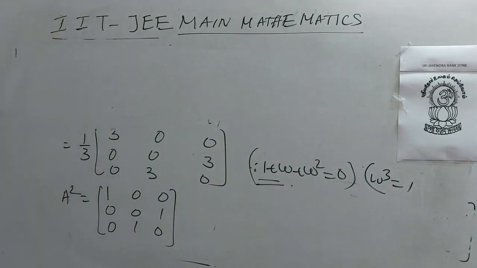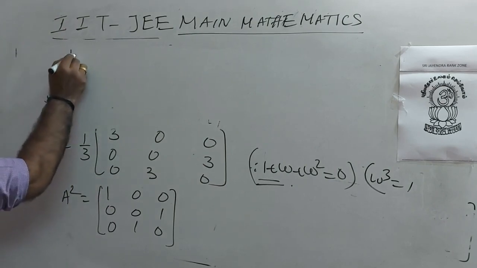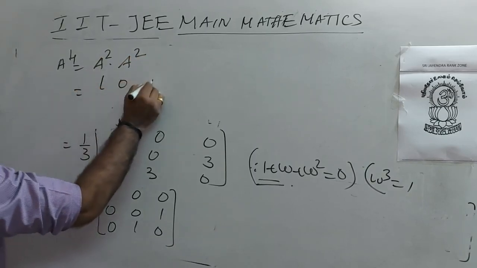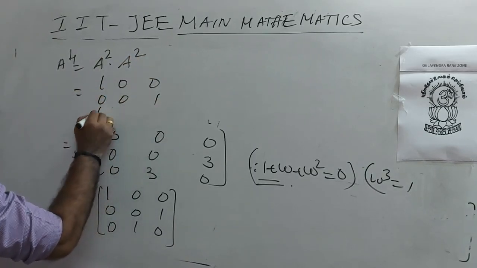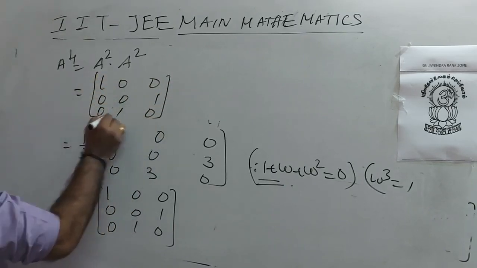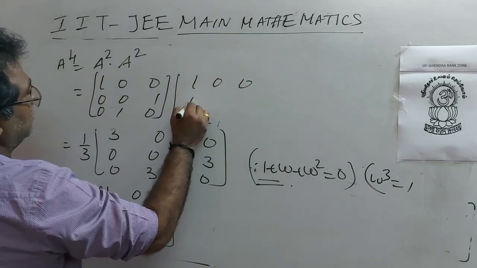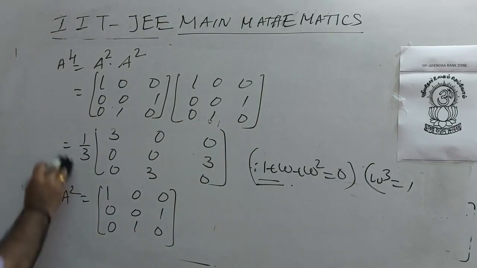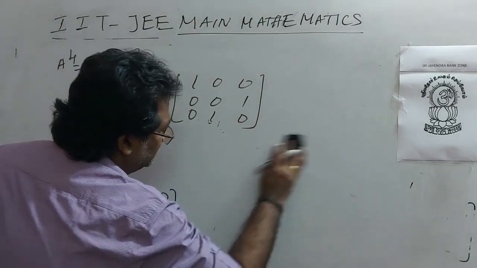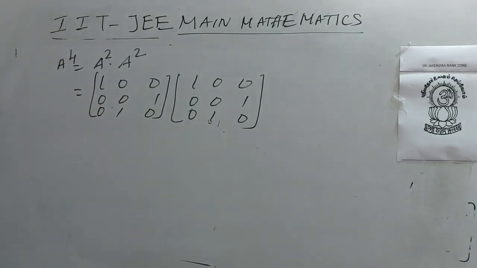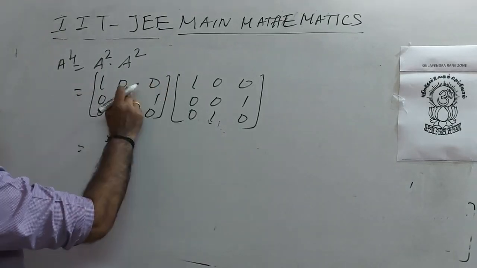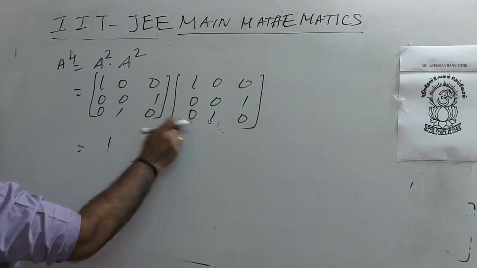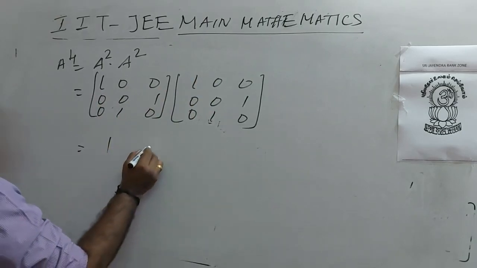We have to find A power 31. First we find A power 4: A squared into A squared, [1 0 0], [0 0 1], [0 1 0], again [1 0 0], [0 0 1], [0 1 0].